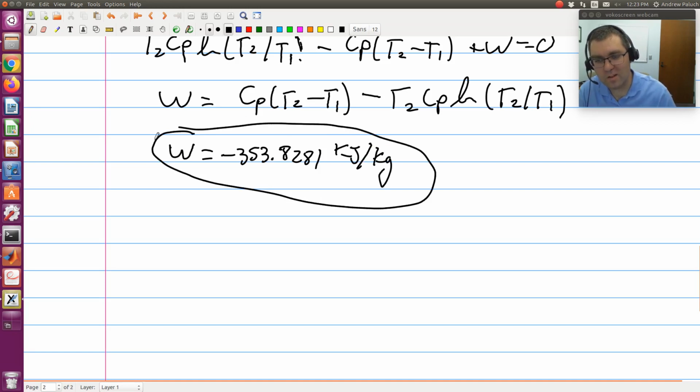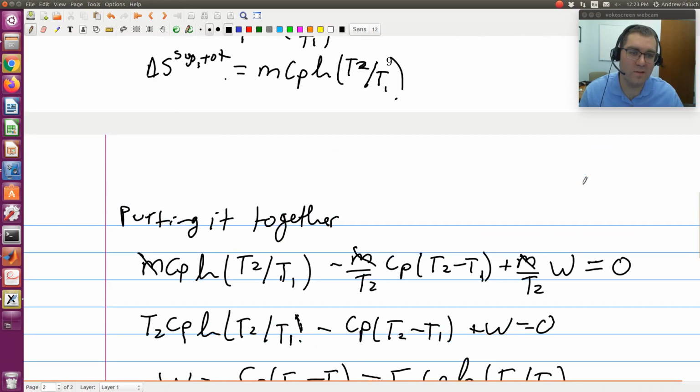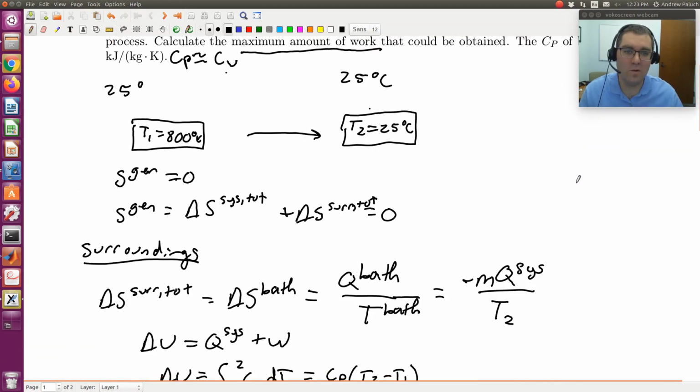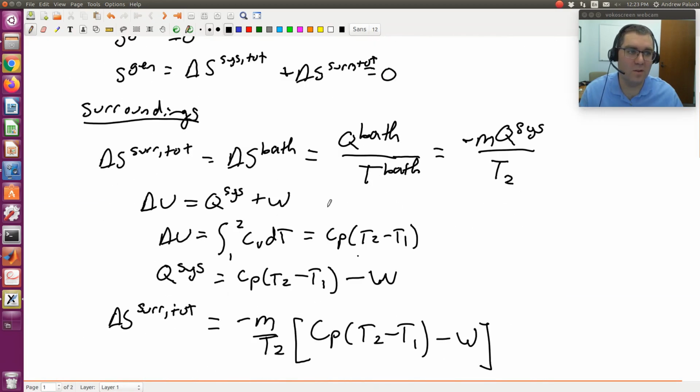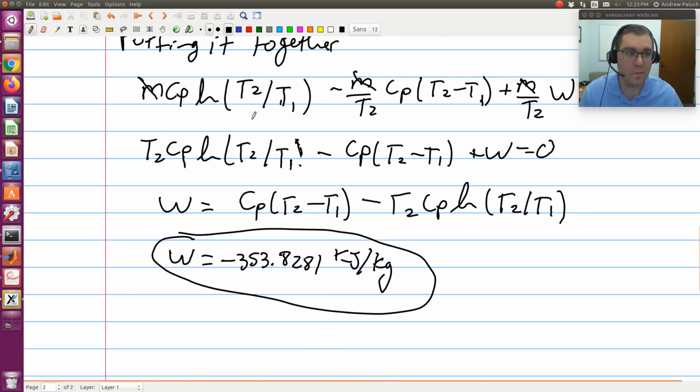So that's the maximum amount of work that I could extract from the process. Hope that helps. And I should say it's negative. Negative means that it's work done by my system on the surroundings, which is exactly what we want, right? So negative W is work done by my system on the surroundings, which is what it seems they're attempting to accomplish. Hope that helps.